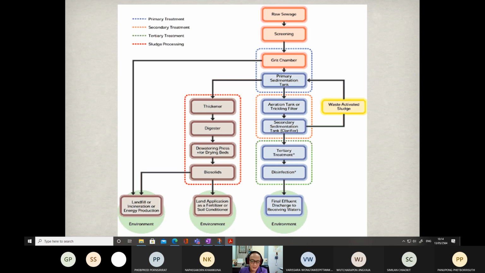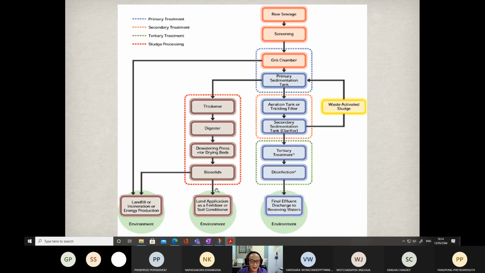And once it becomes stabilized, then we put this sludge again into the dewatering process. In the dewatering process, the sludge is more or less squeezed, so that water is removed from the sludge itself, and then we handle the sludge and dispose of it somewhere.